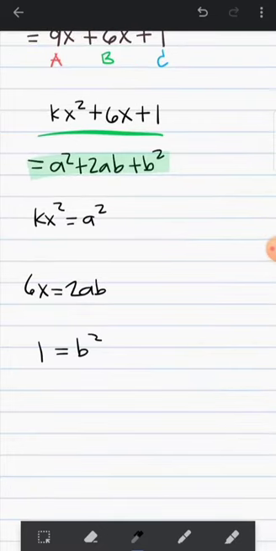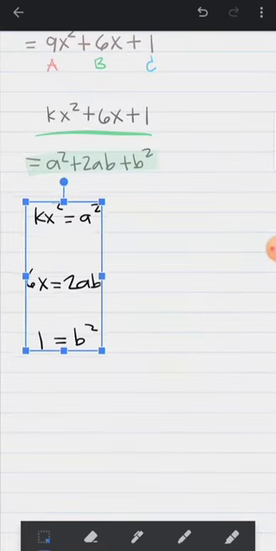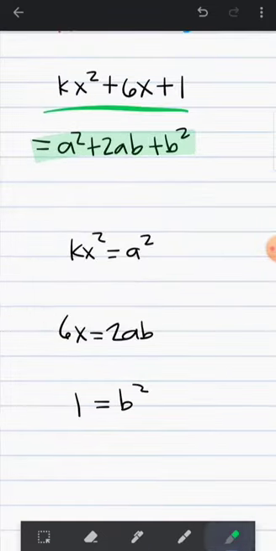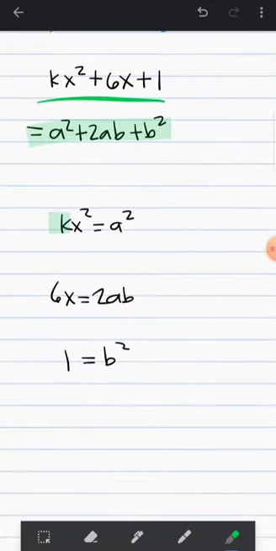Alright? Now that we have this system of equations, our very goal is to find k. By substitution, or by solving one equation and then substituting it into another equation, we can now solve for k.